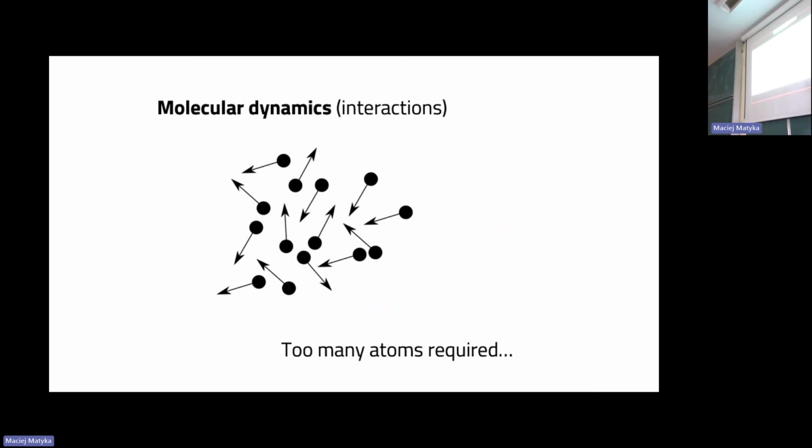Let's think of models that start with particles that move with momentum at any angle. I don't know if any of you have worked with molecular dynamics methods, but they are very simple in principle, because if you know the forces that act between particles, you can basically integrate the equations of motion.